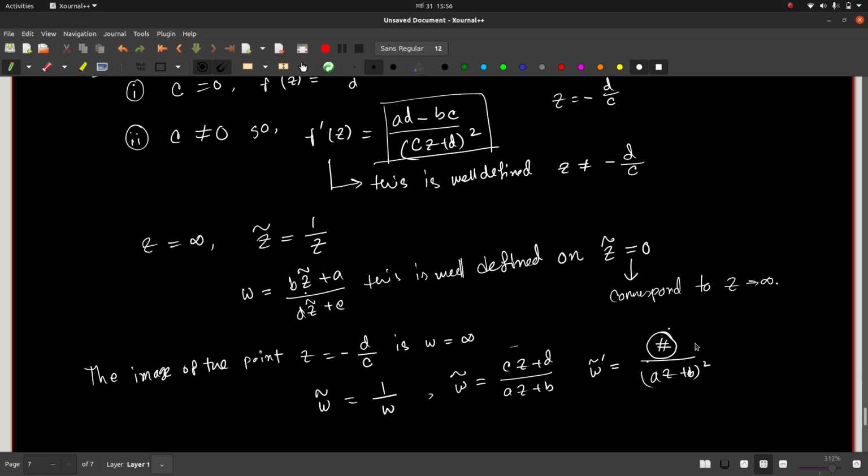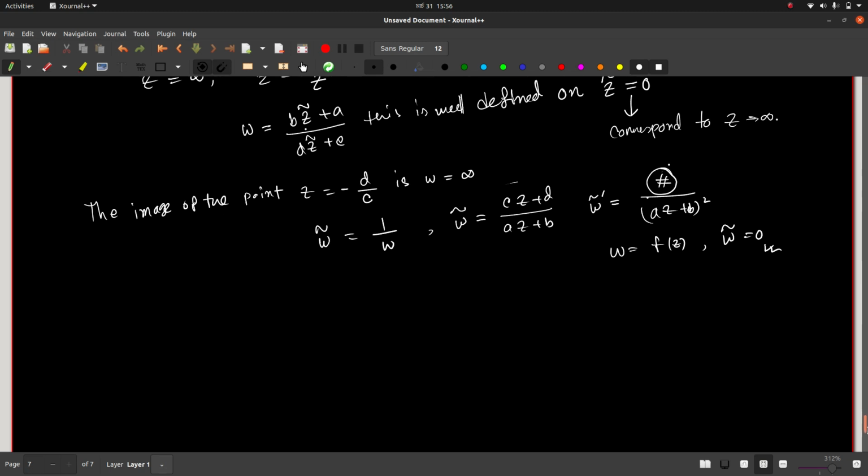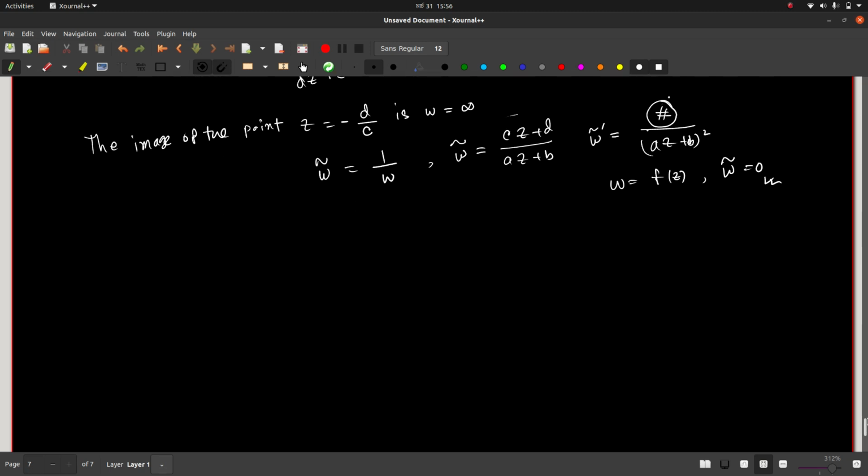There is no 0 popping up, so that's why w equals f(z) will be conformal at w tilde equals 0 as well. So this was the conformal property of this kind of transformation. And now what we are going to do is explore some other interesting properties of this bilinear transformation.